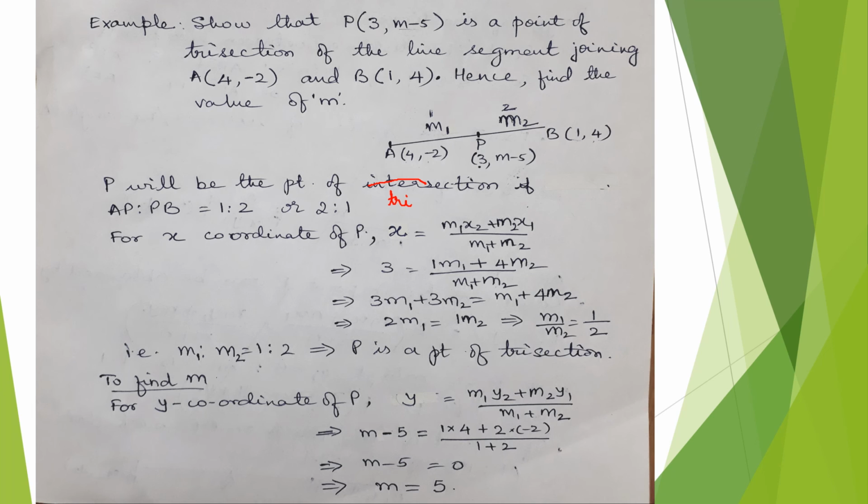Since I know the value of the x coordinate, I am using the formula for the x coordinate of P, that is x is equal to (m1 x2 plus m2 x1) upon (m1 plus m2).